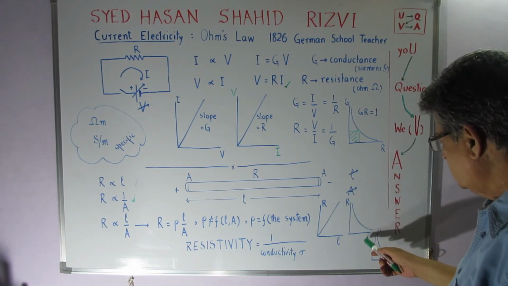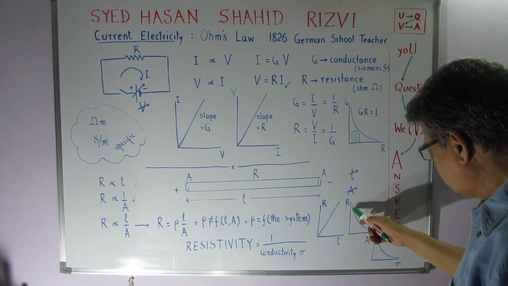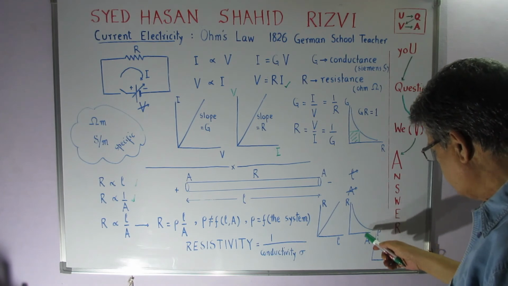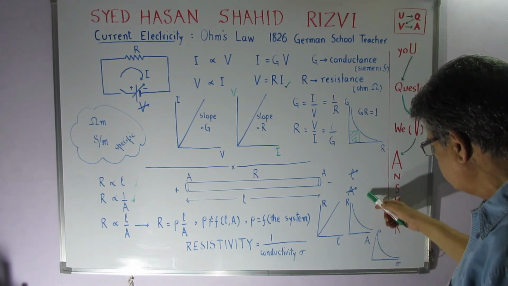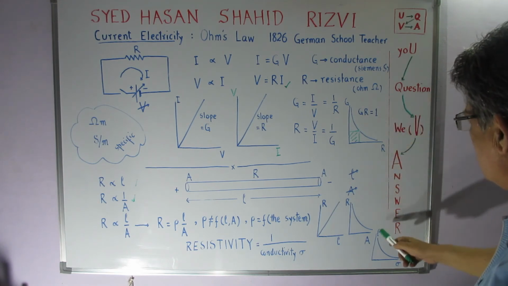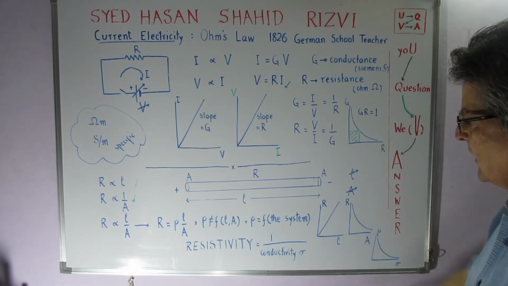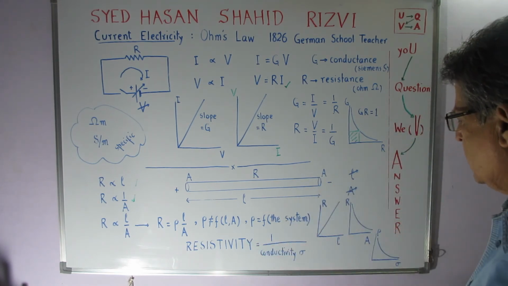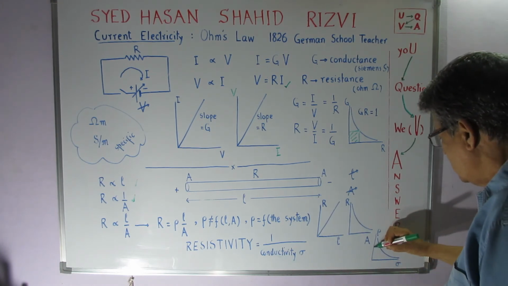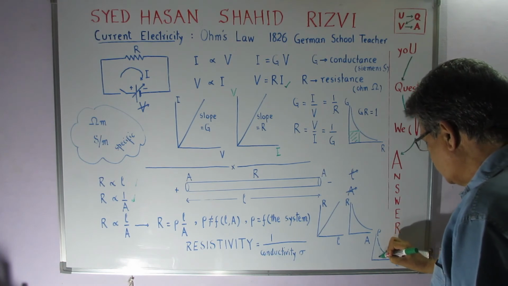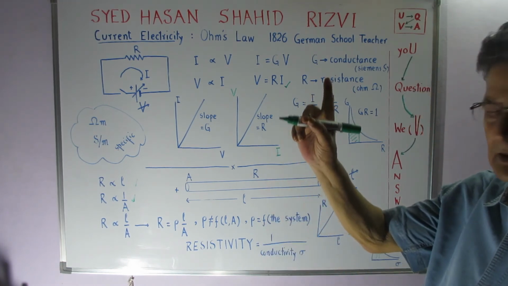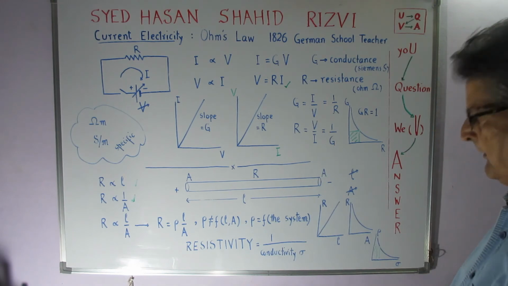R is proportional to 1 upon A, and therefore if I plot against A, I'll get a graph like this. If I plot against 1 upon A, I'll get a graph just like this. And like this case, rho and sigma are opposite to each other, and I'll get rho into sigma again just like that. The area will be equal to 1 without any unit.